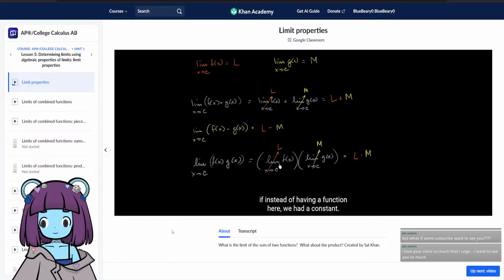Well, like division. Okay, so if there is a constant, you can just put that there and you get the same thing.